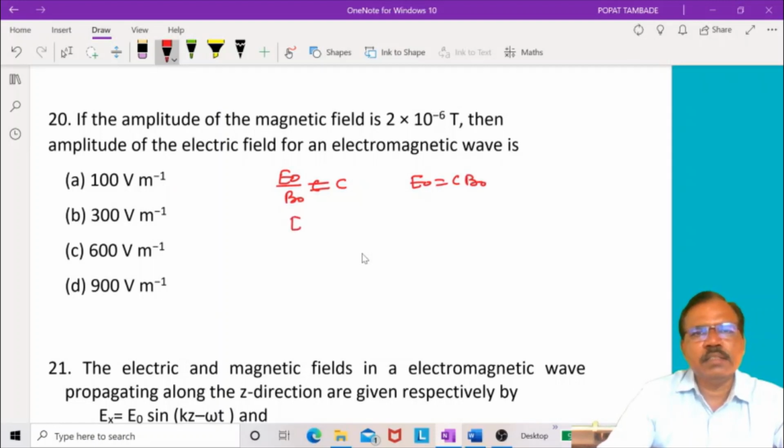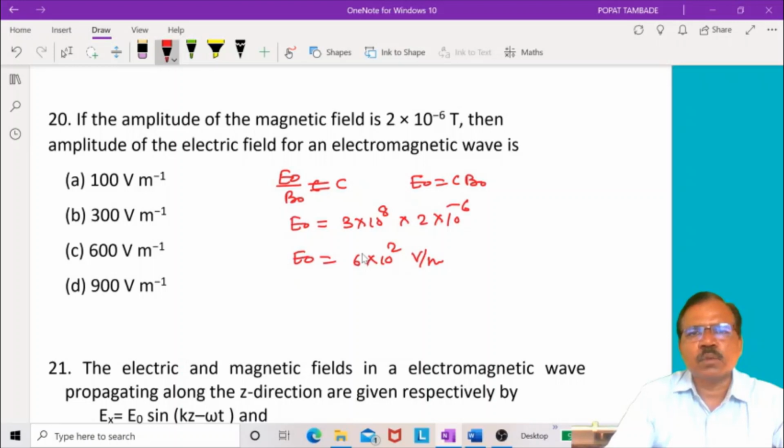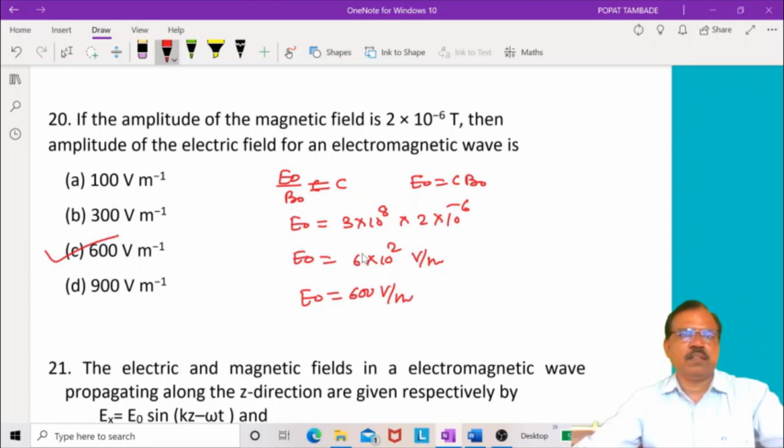So we get E0 is equal to 3 into 10 raised to 8 meter per second into 2 into 10 raised to minus 6 Tesla. So if we put all in SI units, we will get 6 into 10 raised to 2 volt per meter. So we get here 600 volt per meter for E0. So this is the peak value of the electric field. So this one, third one is correct.